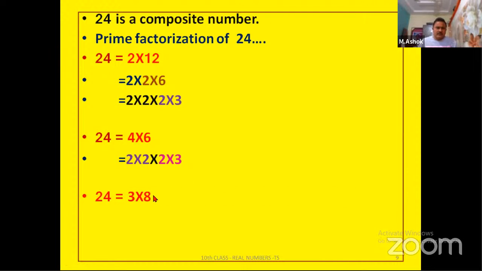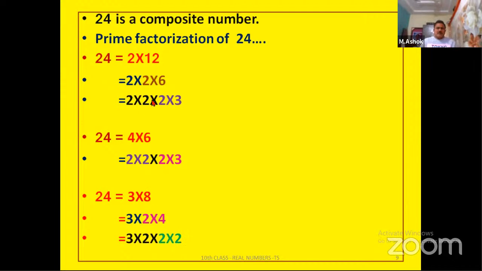Next, one more pair. I am writing 24 as 3 into 8. So 3 is a prime number and 8 is not a prime number. So 8 is equal to 2 into 4. Again 4 is not a prime number, so write it as 3 into 2 into 2 into 2.